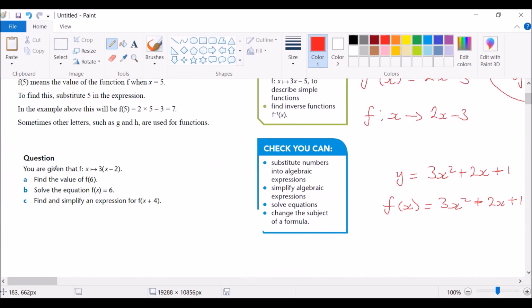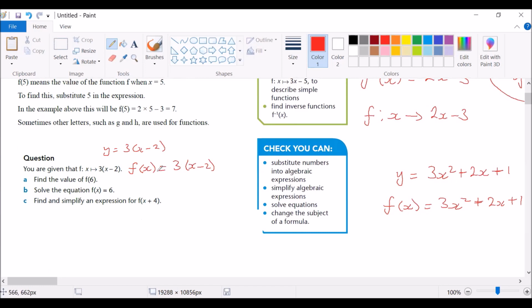You are given that f such that x is mapped to 3x minus 2. So this simply means y is equal to 3x minus 2. And in function notation, it means f of x is equal to 3x minus 2. Find the value of f of 6.